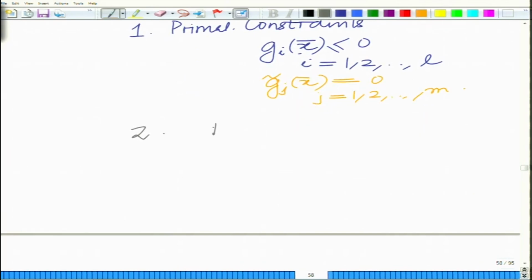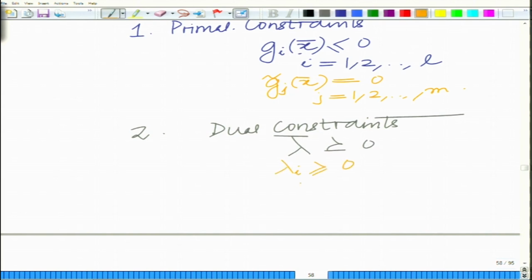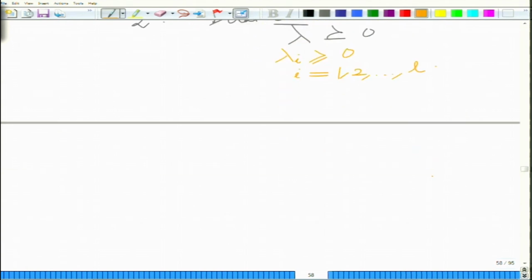What are the dual constraints? Remember, lambda bar is component-wise greater than or equal to 0, which implies each lambda i is greater than or equal to 0 for i equals 1 up to L, that is, the Lagrange multipliers associated with the inequality constraints are greater than or equal to 0.